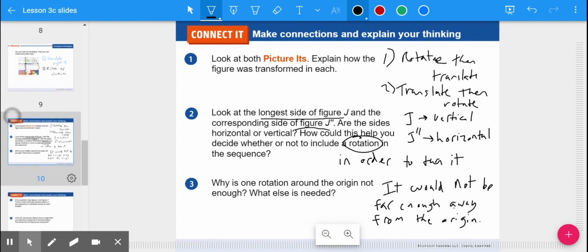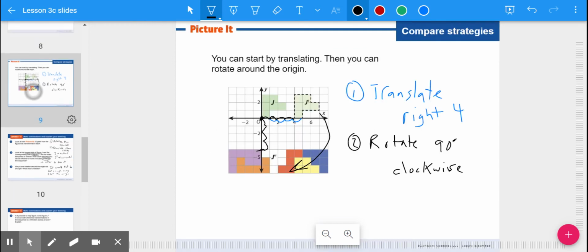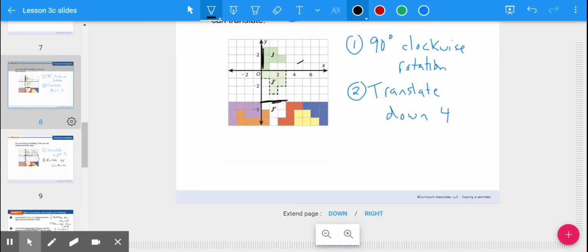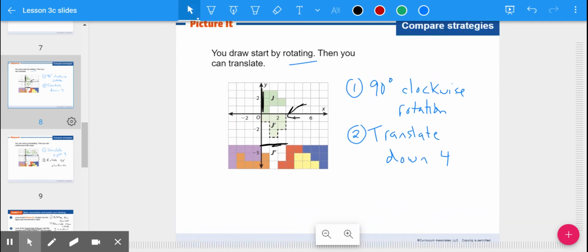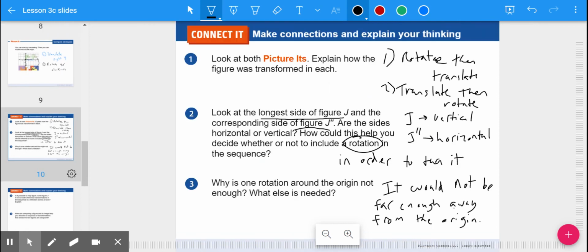Like you can see in the picture, if we rotated it first, it ends up right here, which is not far enough away from the origin for where it needs to be. It needs to be down farther. So in order to do that, we also have to translate it. We could translate it first or second. So what else is needed would be a translation.